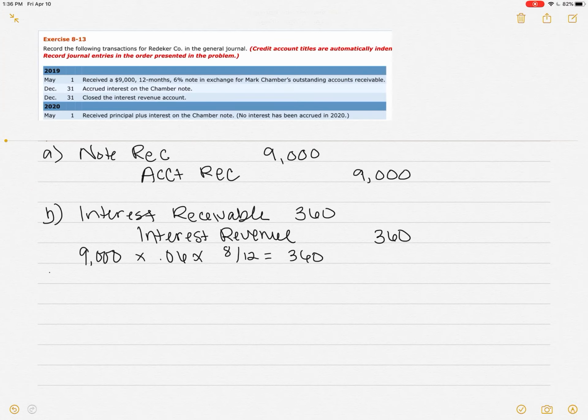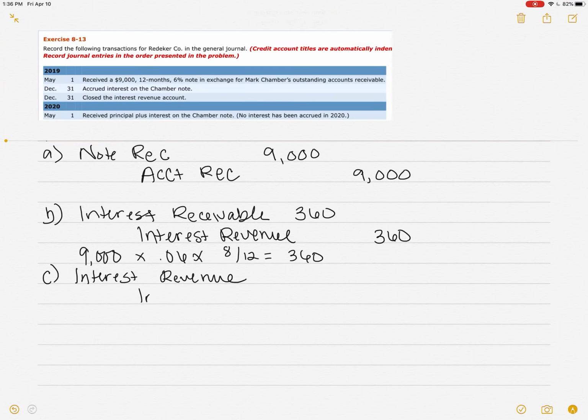In part C, what they want you to do is close that revenue account. Again, this is a reminder of chapter 4 when we're closing all of our accounts. Revenue is one of those temporary accounts that we close. We close a revenue account with a debit. I will debit that interest revenue.